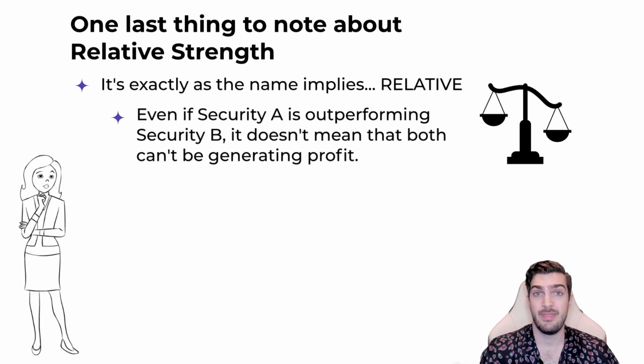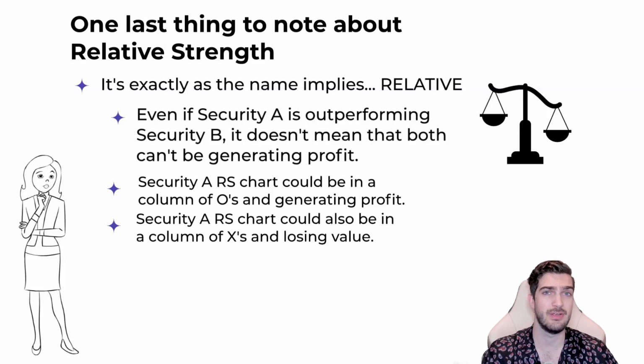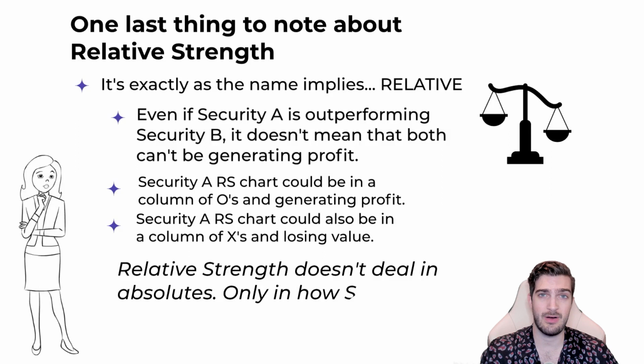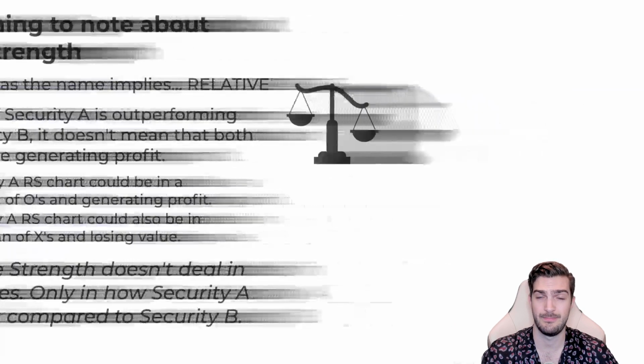It's possible that two securities can both be generating profits, but its relative strength chart could be negative or in a column of O's. Just as likely as it is that we have a relative strength chart that is in a column of X's, even though both securities are losing value. Relative strength doesn't care about absolute profits and losses. All it looks at is how the price of one security is doing compared to the other.